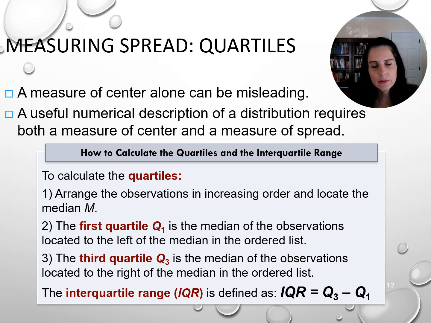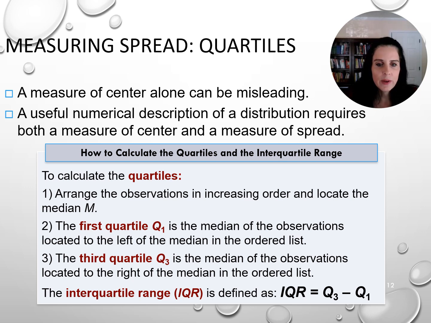Just like we have identified the median, we're going to identify the first quartile, for which we usually use the notation Q1, and the third quartile, for which we use the notation Q3. Again, we have to order observations in ascending order from least to greatest. After we identify the median, which is actually the second quartile, we separate the distribution of values into two halves. The half that comes below the median and the half that comes above the median.